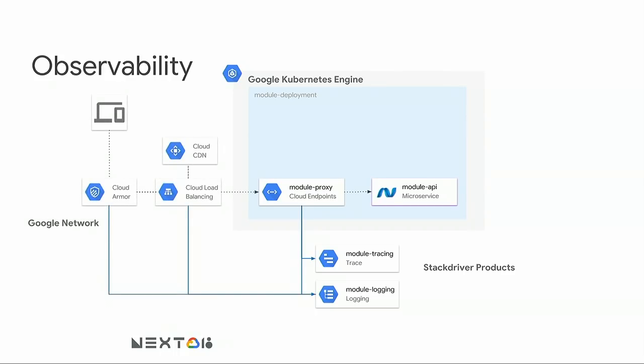Those logs are aggregated with everything in the Google ecosystem. So everything that comes in the network and even your Kubernetes cluster all come together in the same logging system, and it really helps dive deep. But don't forget, make sure that you have special log entry points, trace points, and metrics as well in your application.